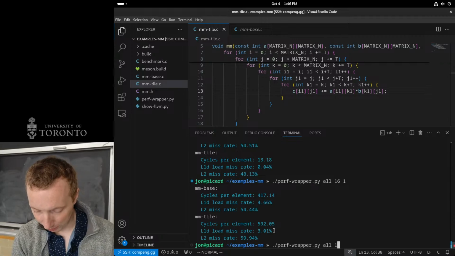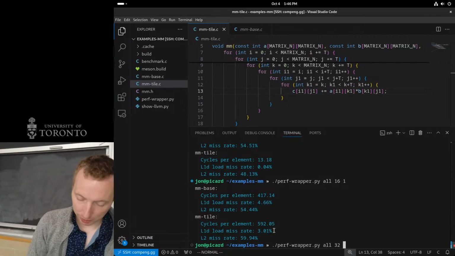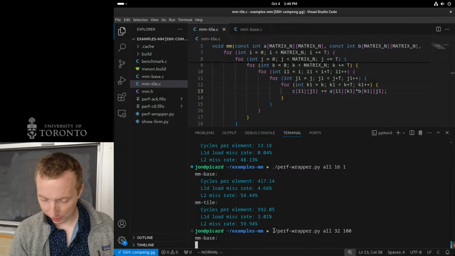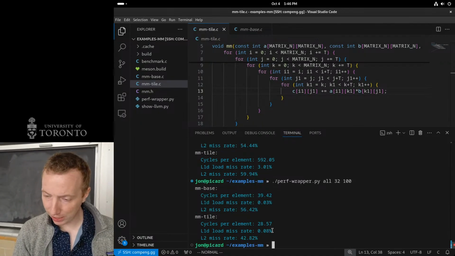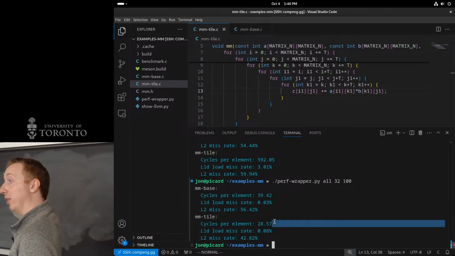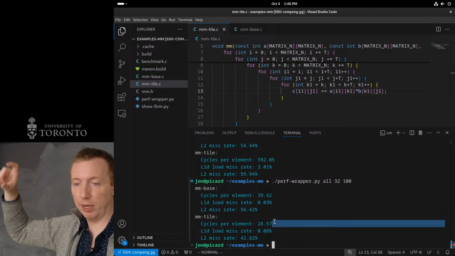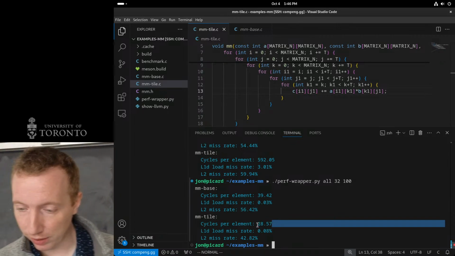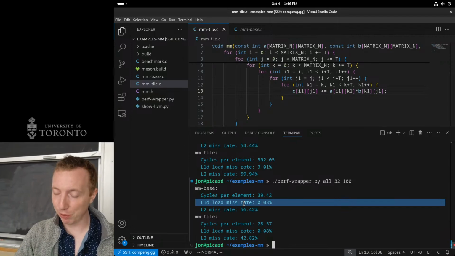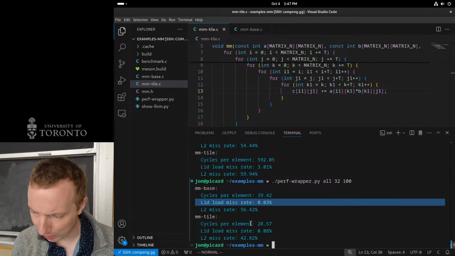All right, so if I bump it up to 32, likely my cache is big enough that this is still mostly okay. Oh, no, even with 32, bumping it up to a 4 by 4 tile, since the cache is so small, I still get some sort of benefit, even though my miss rate is abysmal.